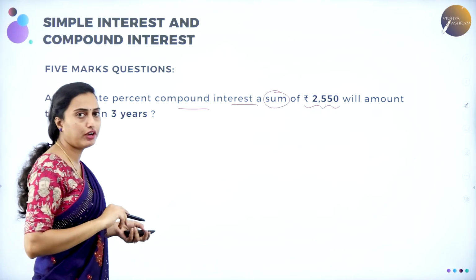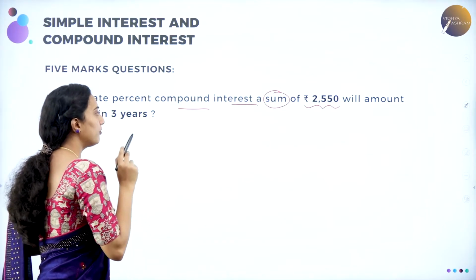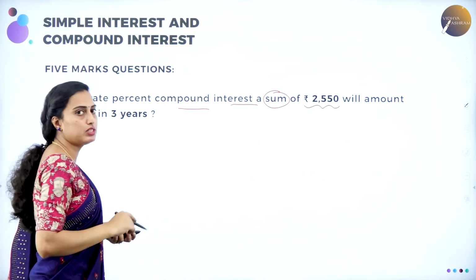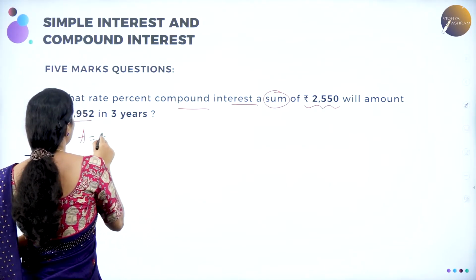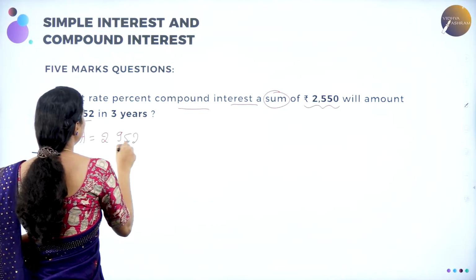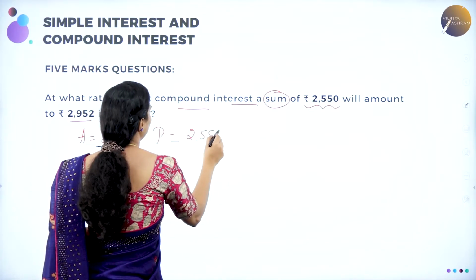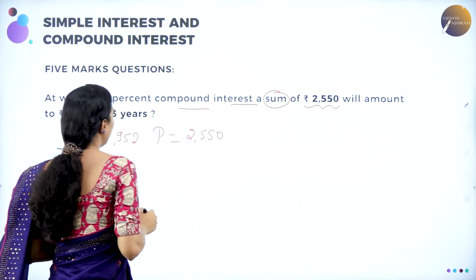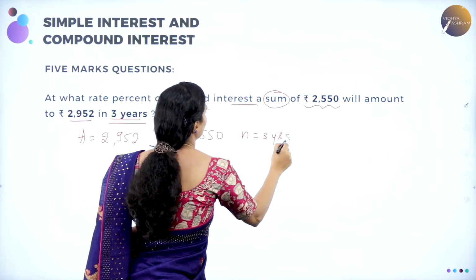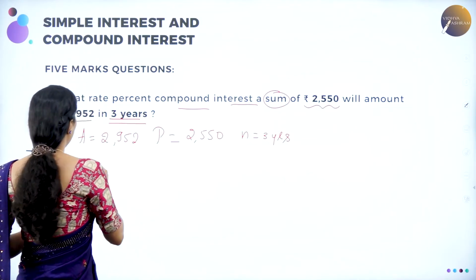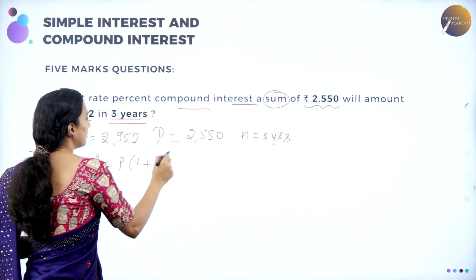So they have asked you to find out the rate of interest here, that means R. 2,550 will amount to, that means A is 2,952 and P is 2,550. Correct? Now they have given the number of years, N is equal to 3 years. Correct? Now what is the formula? You know that A is equal to P into 1 plus R whole to the power of N.